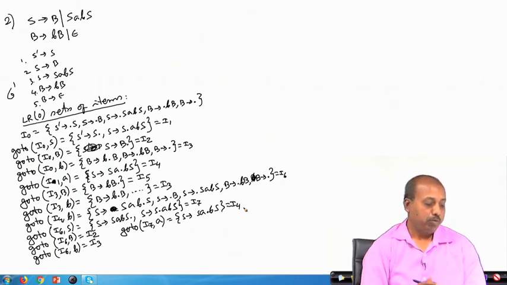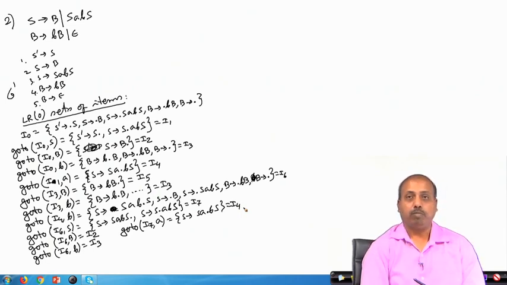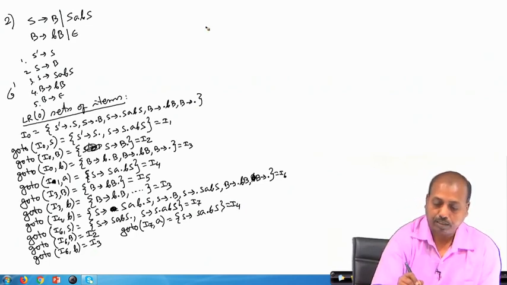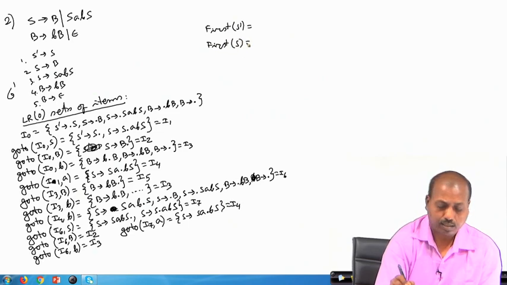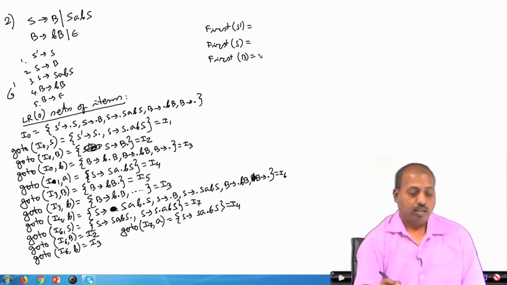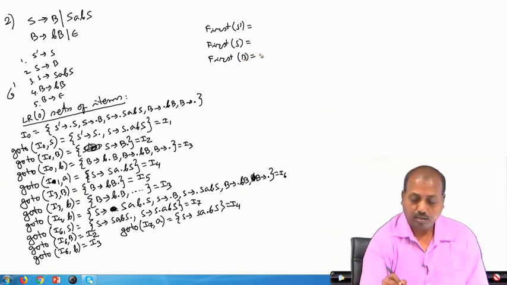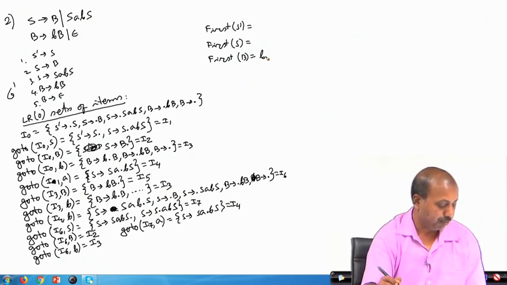Now, I have to go for the first and follow computations, and then we can make the table. So, the first of S dash, first of S, first of B. First of B contains small b.